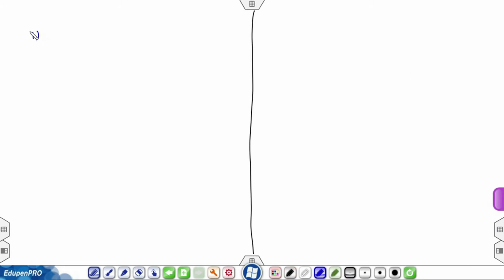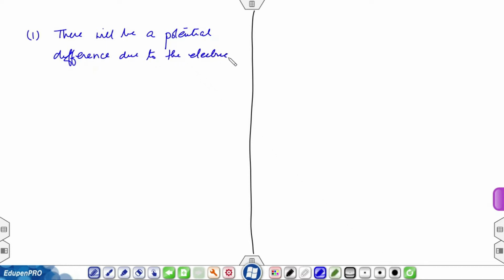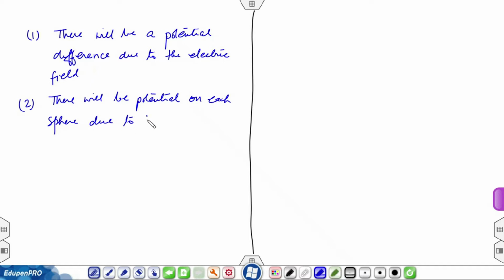So, 1, there will be a potential difference due to the electric field. 2, there will be potential on each sphere due to the charge on it.